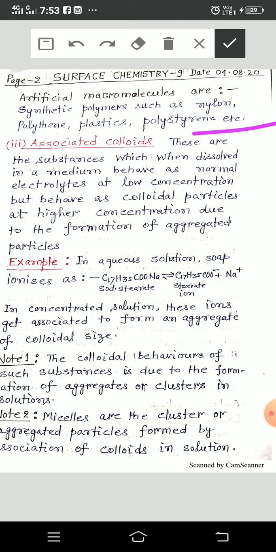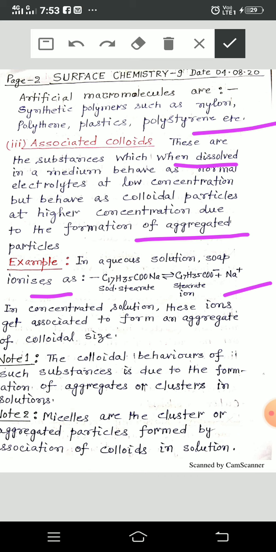These are the substances which, when dissolved in a medium, behave as normal electrolytes at low concentration but behave as colloidal particles at high concentration due to the formation of aggregated particles. Example: in aqueous solution, soap ionizes as stearate ion and sodium ion.